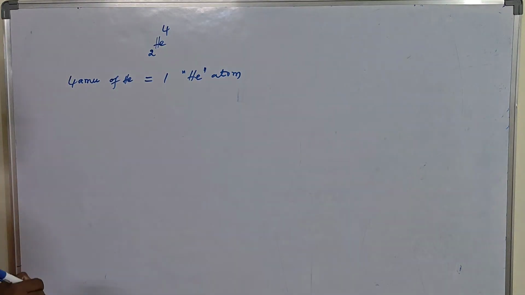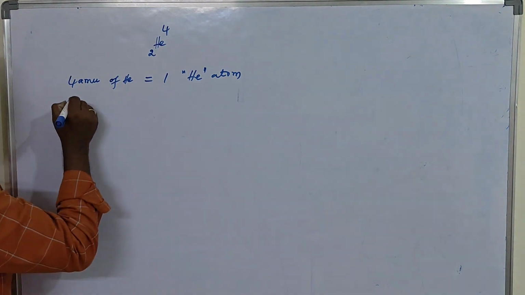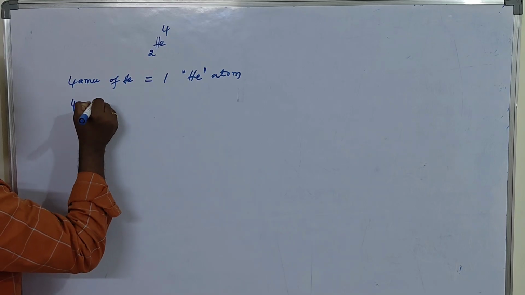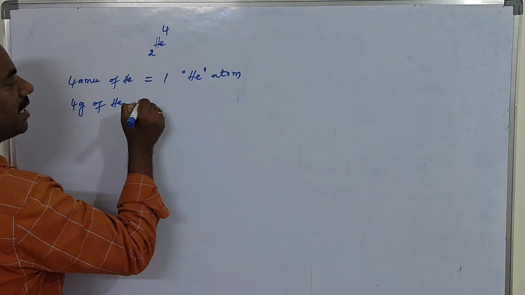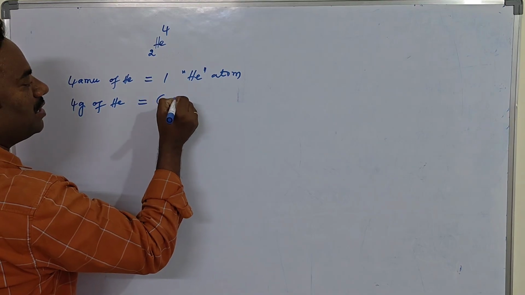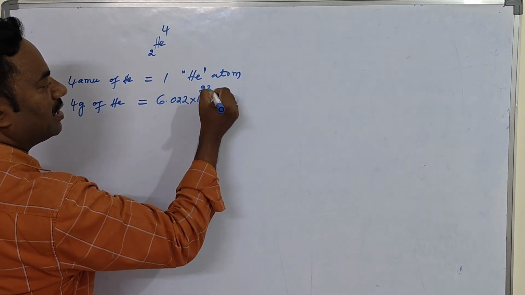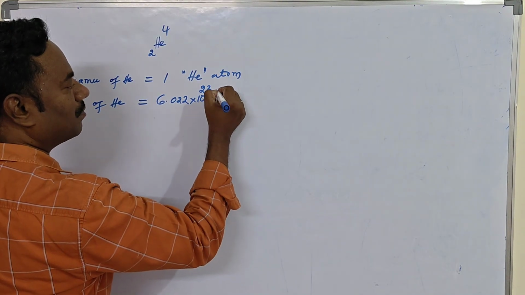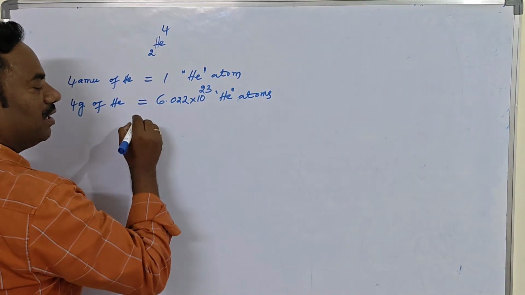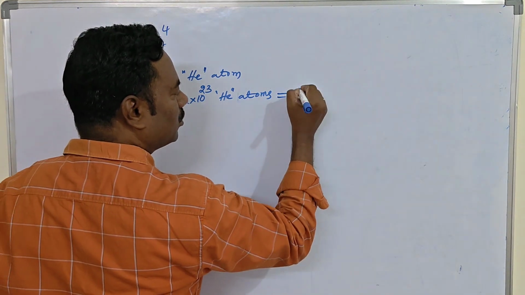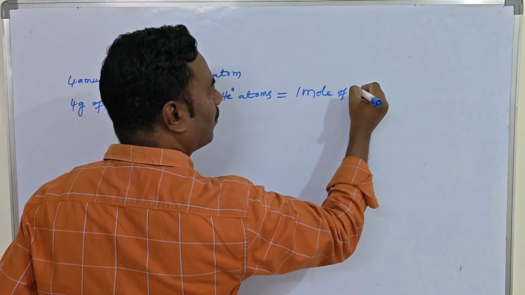In 4 AMU of helium, how many atoms are there? 1 helium atom. 4 grams of helium, where the mass number is in grams, contains 6.022 into 10 to the power of 23 helium atoms. It is equal to 1 mole of helium.